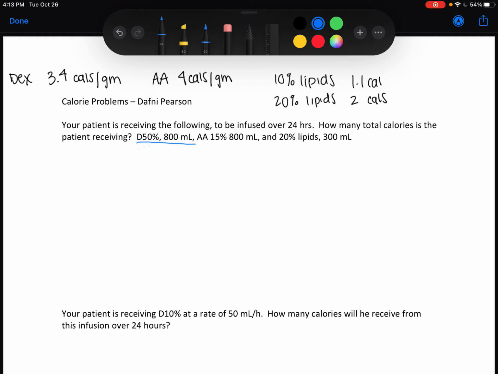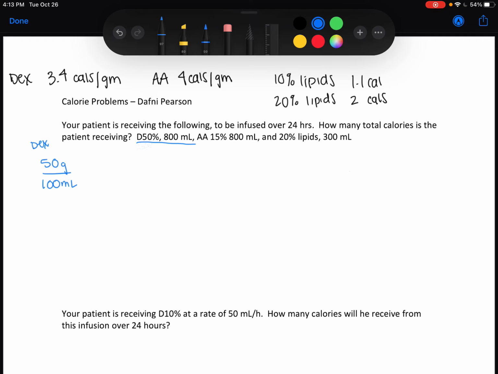So percent is always out of 100 no matter what. So if we see 50% of 100, that's 50. And it's always grams to mils. So we're going to have 50 grams over 100 mils, and this is our dextrose. Okay, so that's what we're going to start out with.